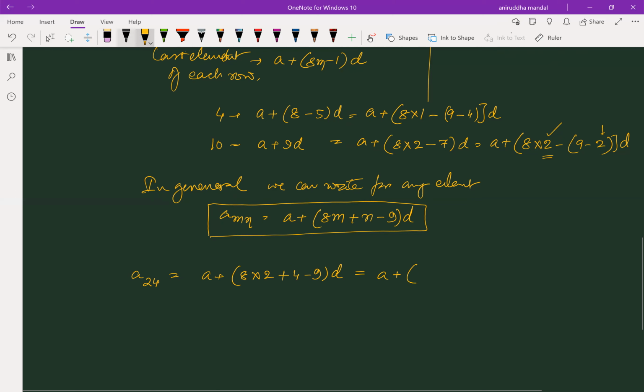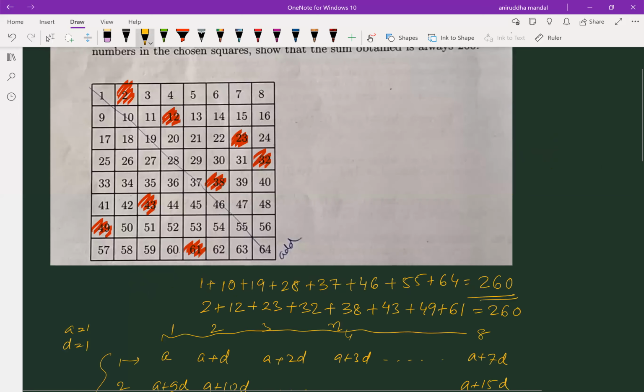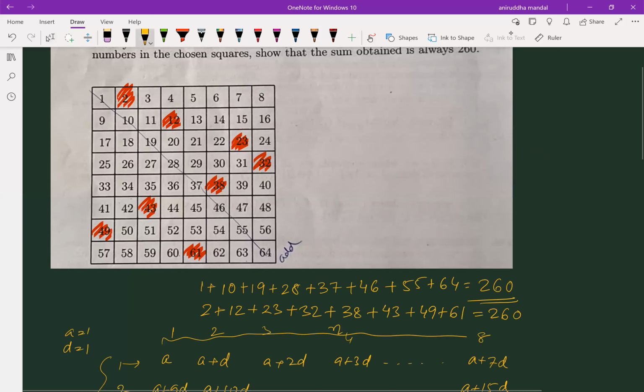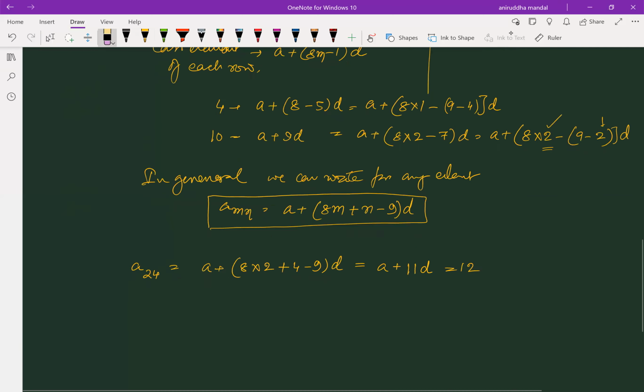Okay, so this is a plus 11d, and this is 12. So you can check the second row and fourth column number is 12. So this is m 2 and this is fourth column. Okay. So we have established a general form in terms of row and column.